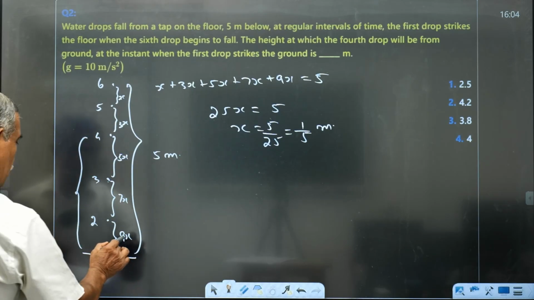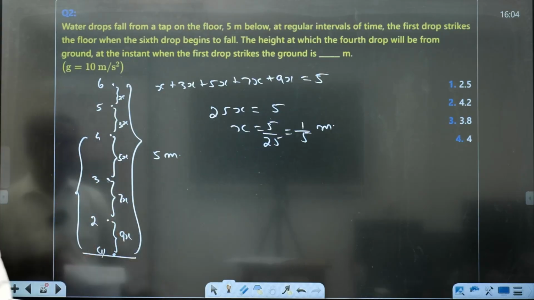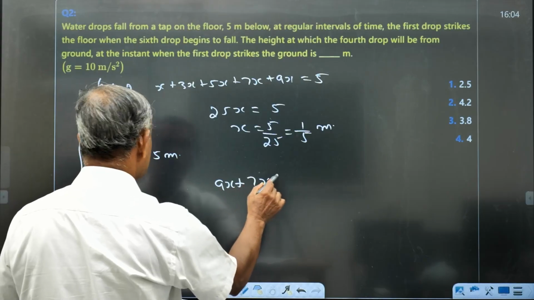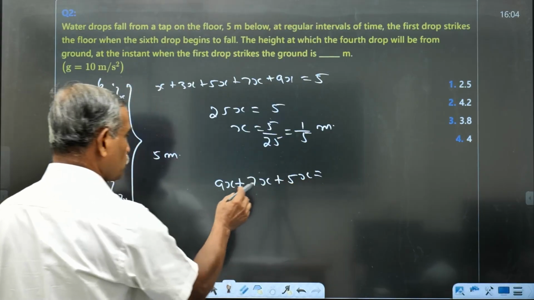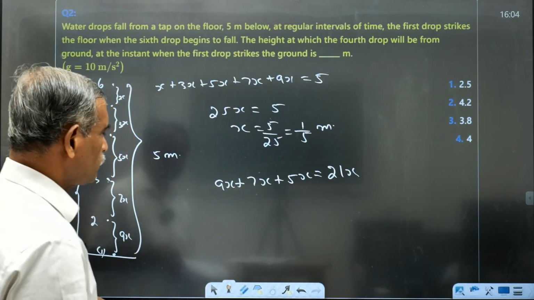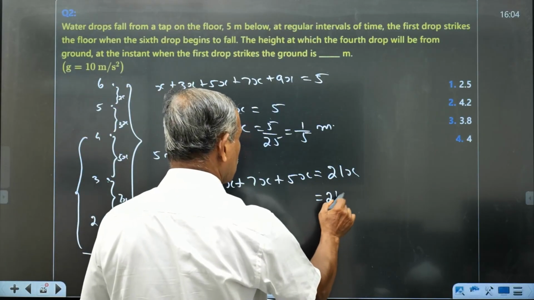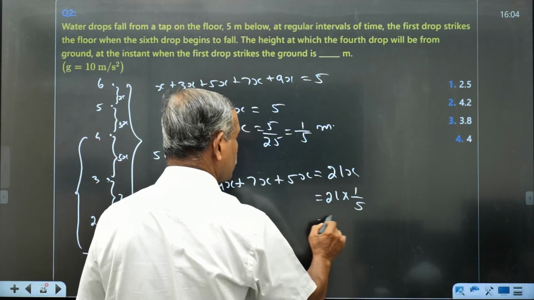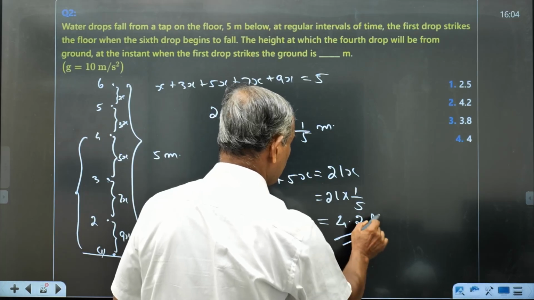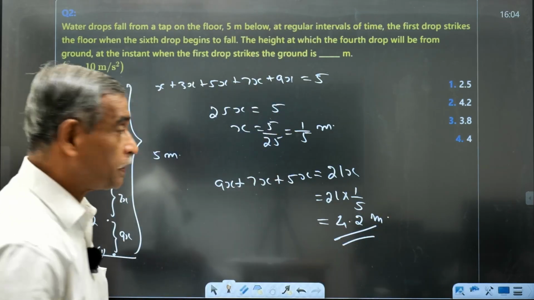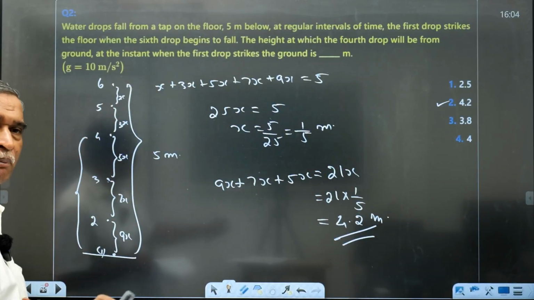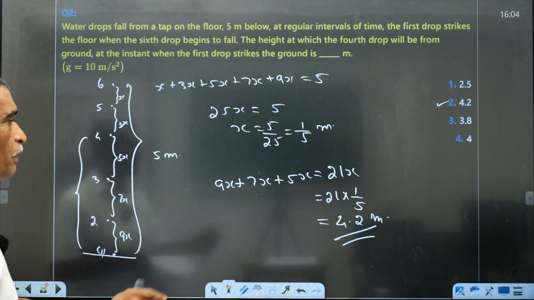That height from here is equal to 9x plus 7x plus 5x, which is 21x. That equals 21 into 1 by 5, which is 4.2 meters. So the answer is 4.2 meters. Rather than applying half g t square, etc., we can directly apply Galileo's law of odd numbers and get the answer quickly.